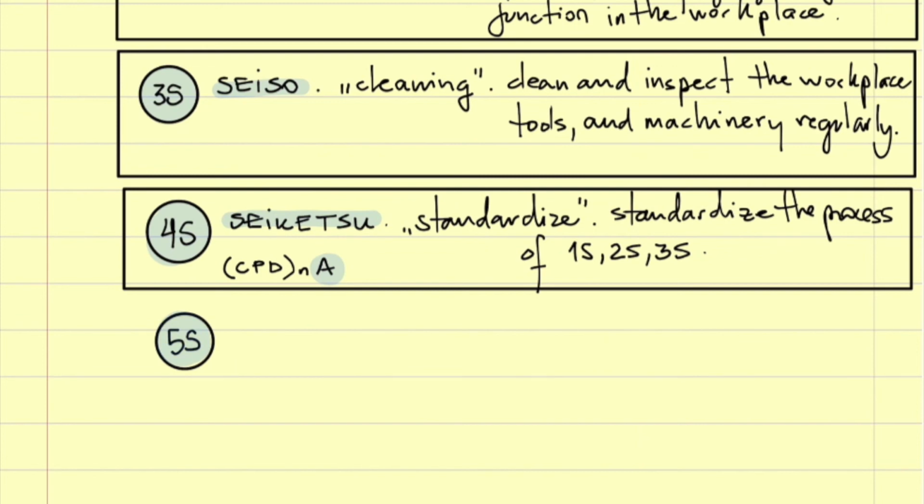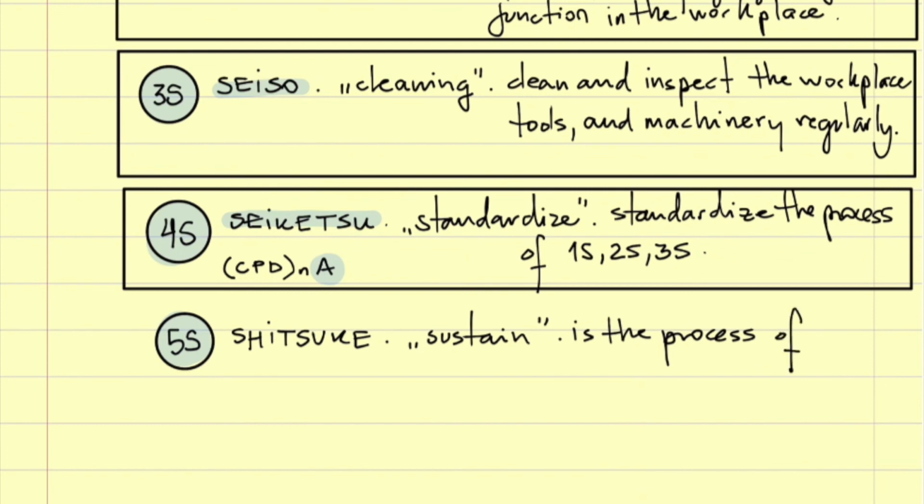It's called Shitsuke. Shitsuke, which means sustain. Okay? Is the process of discipline.